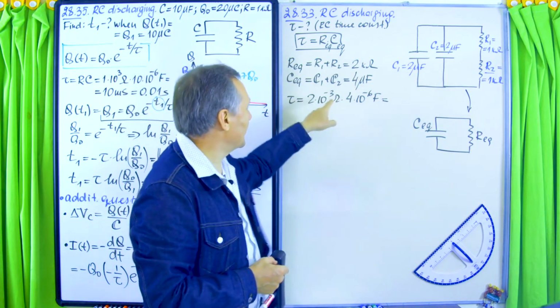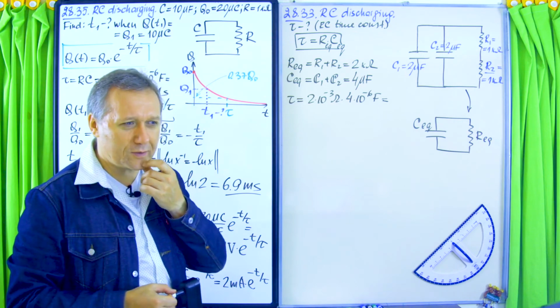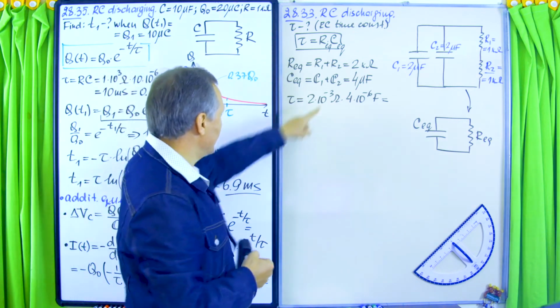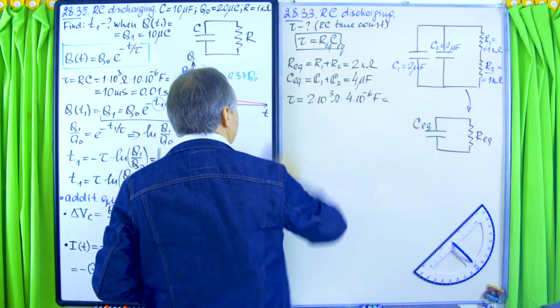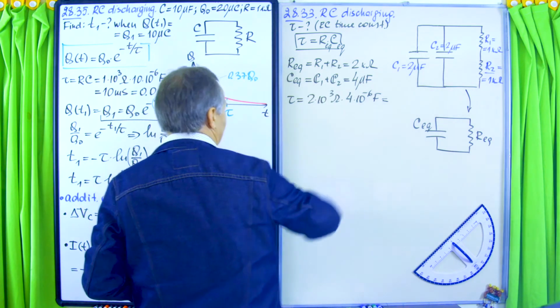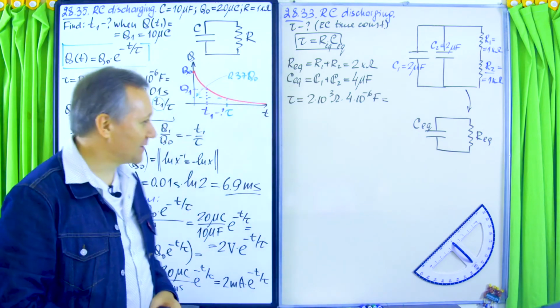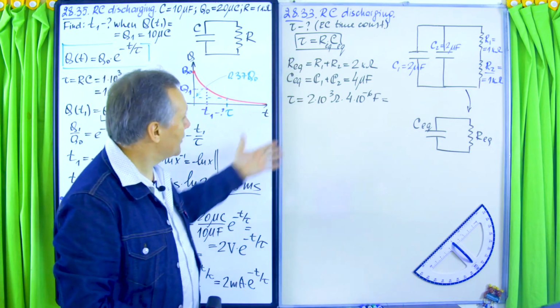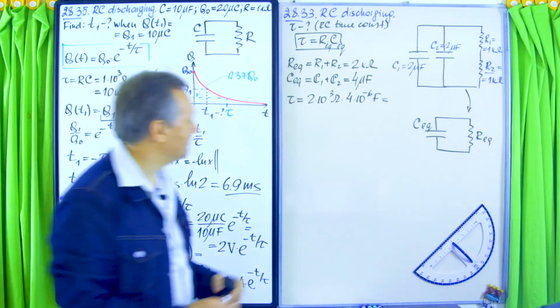So I wrote kilo, but wrote negative 3 because I don't remember such a short time constant. Something is fishy. No, there shouldn't be a minus over here. It should be plus. We have kilo ohms, right? Not milliohms. That's too little. Right? So now it sounds good. So 8 milliseconds, 8 milliseconds.